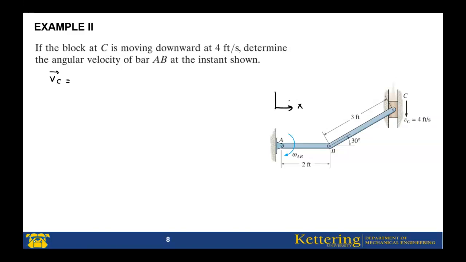If we select the xy coordinate system like this, the velocity of C is 4 feet per second downward. As you can see, it is in the minus j direction. Then, what are we looking for? We are looking to find omega AB.